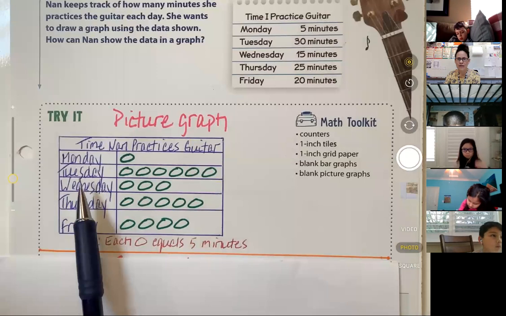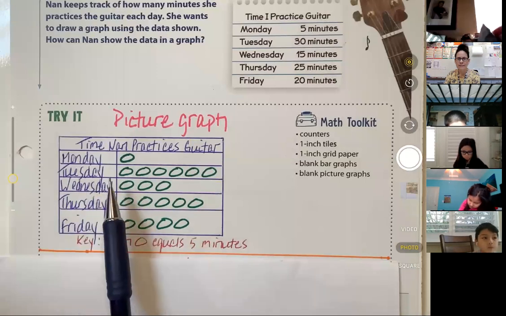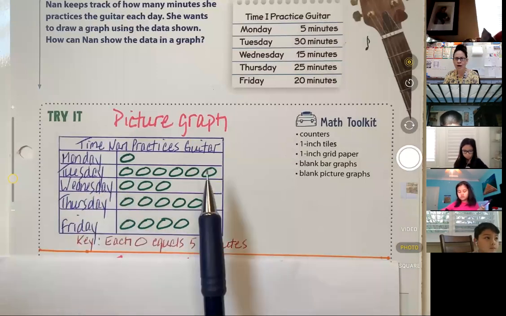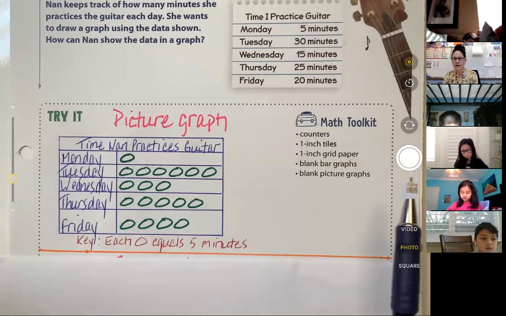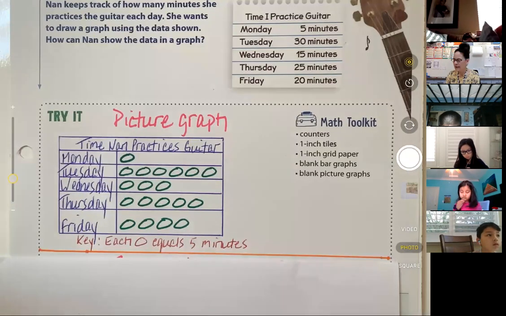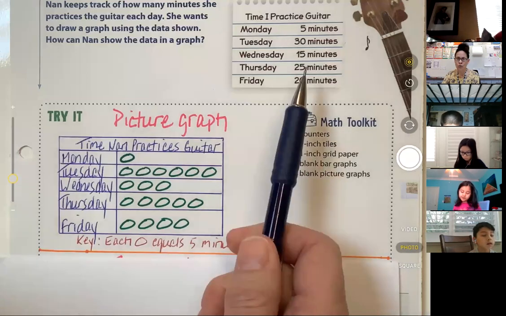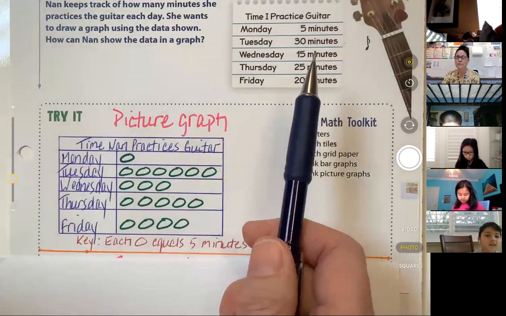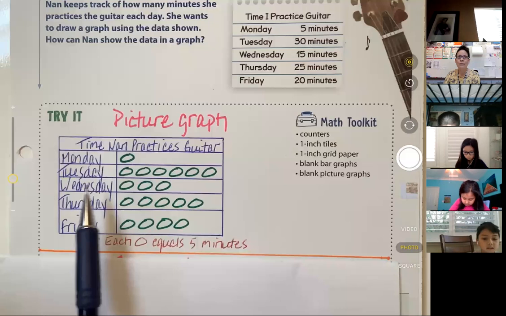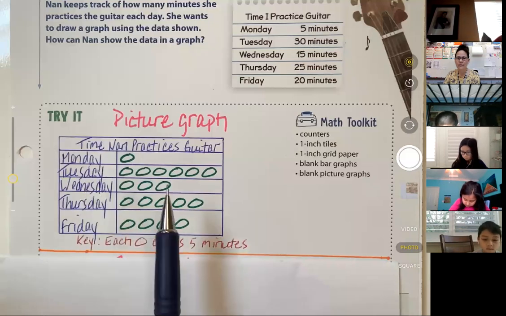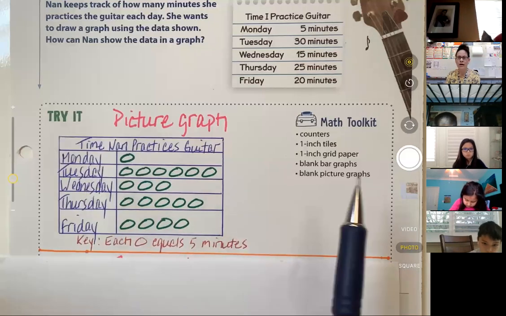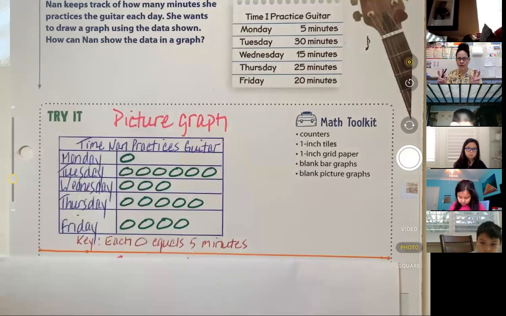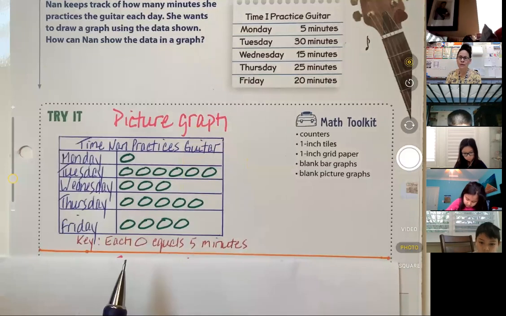If the scale was just 1, this picture graph would go on and on and on. If we had numbers in the hundreds, and you will in the upper grades, it's just not practical to do everything by 1, friends. We have to, what we call, scale it down. We give it a scale to make it more manageable.